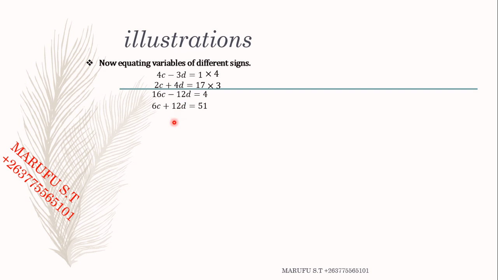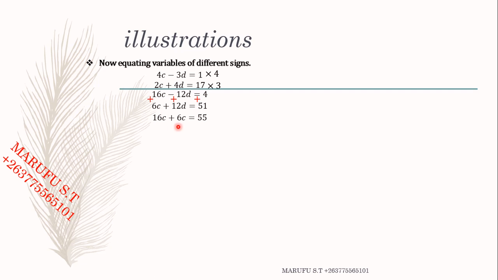Rather, you introduce the positive signs. Right? So here we are adding. So the difference between those that we're doing is that when we equate those with positive signs, we introduce minus signs. But if we are equating those with different signs, we introduce positive signs.